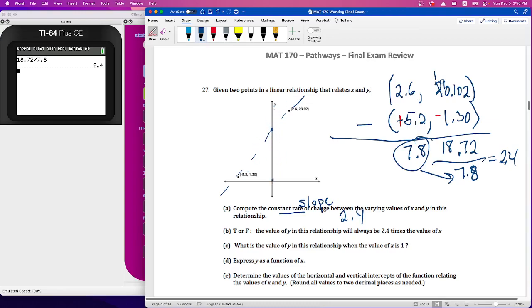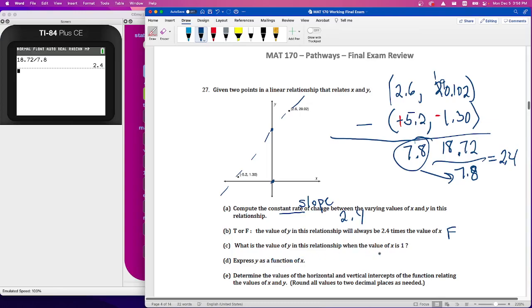Like at this place, x is 0, y is not 0. And that's the thing that gets it. If you take 2.4 times 0, you get 0, not whatever the y-intercept is. So this is going to be false, because the line doesn't go through 0, 0.